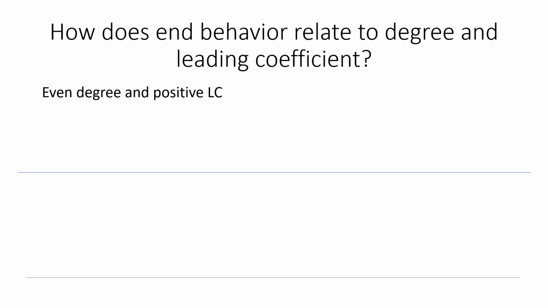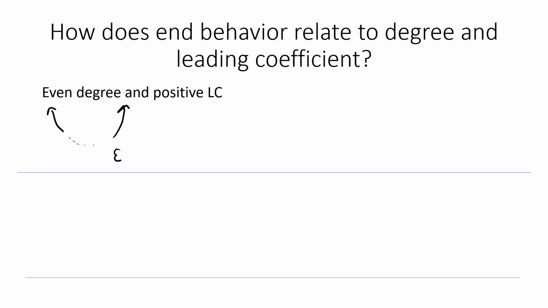So you have a degree that is 2, 4, 6, 8, 10, 12. I mean, hopefully you're not staring at a polynomial of degree 12. If you are, go do a different math problem. And the leading coefficient is positive. So if that is the case, then you are in this situation.